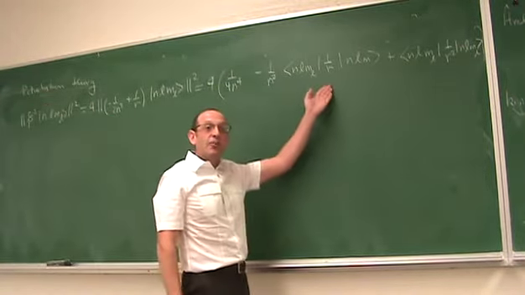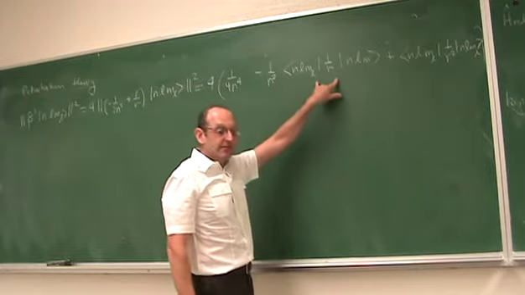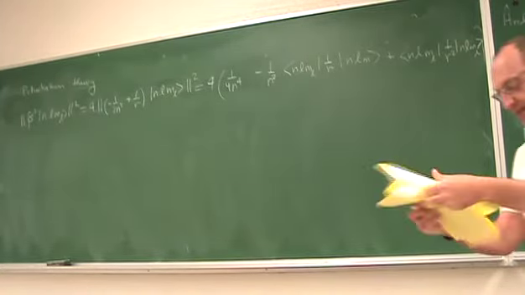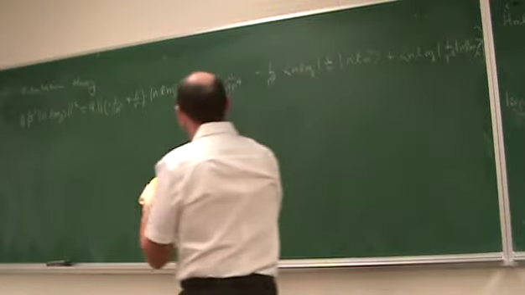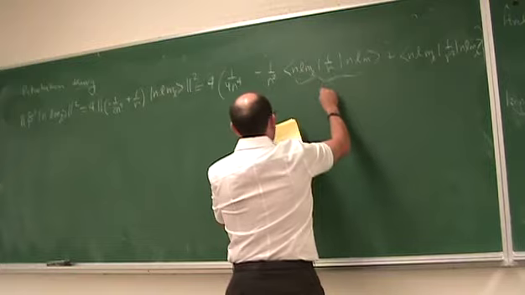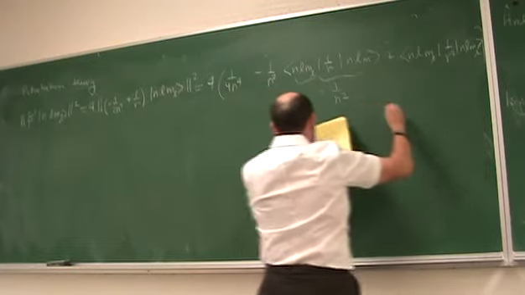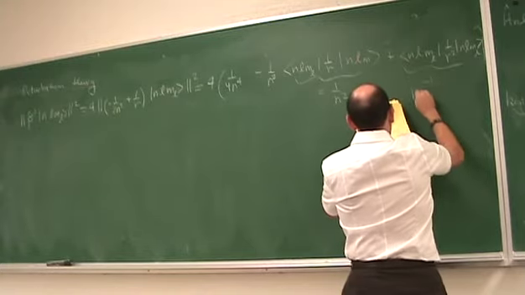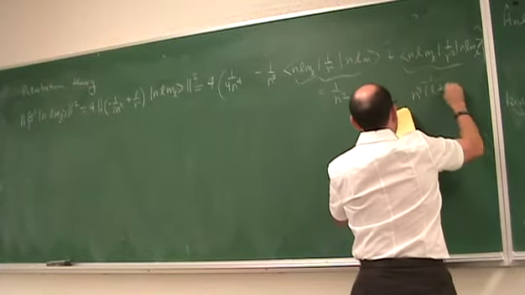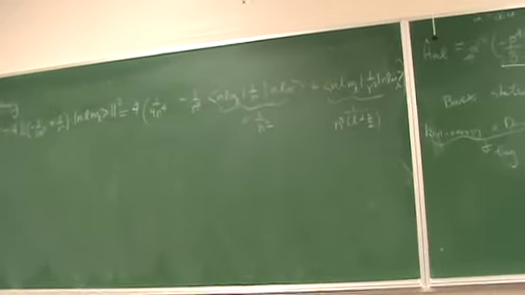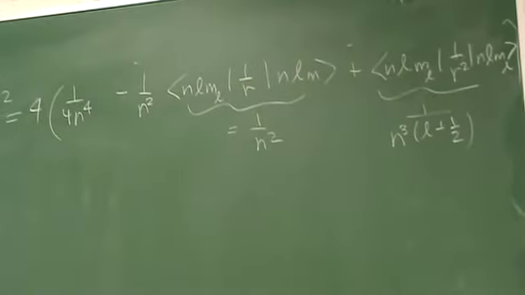All right, so we did this for homework. We calculated these matrix elements. I'm going to carry my notes around at this point because that's not going to be right if I don't do that. This itself is equal to 1 over n squared, and this is equal to 1 over n cubed times L plus a half, which we got from the Feynman-Hellmann theorem and all of that in the previous problem set.